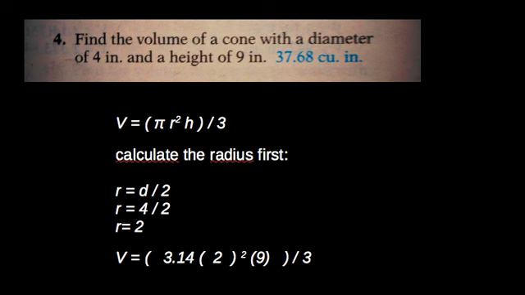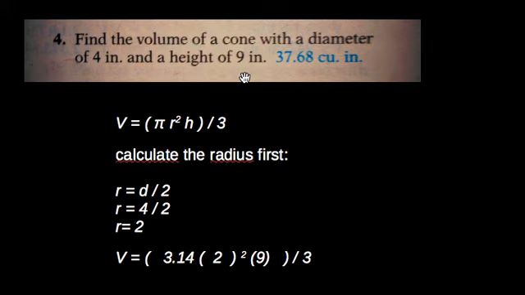Let's say, for example, they say that we need to get the volume of a cone with a diameter of 4 inches and a height of 9 inches. How do we proceed to solve this problem? Well, the formula for the volume of the cone has the radius, not the diameter.